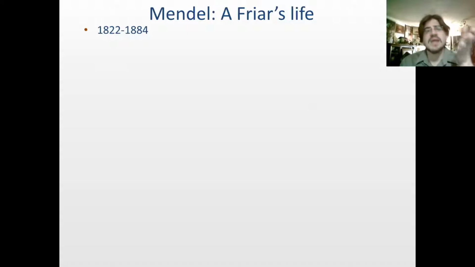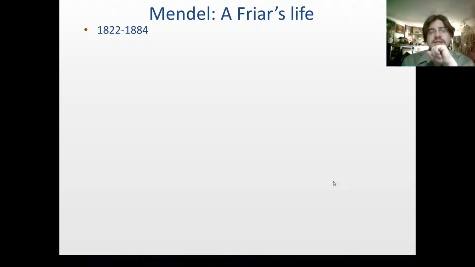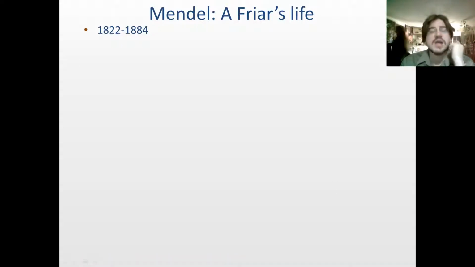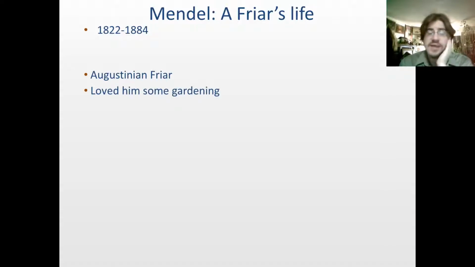So Mendel, Gregor Mendel, lived from 1822 to 1844, and he was an Augustinian friar. And he really, really loved him some pea plants. How much did he love gardening, you ask?